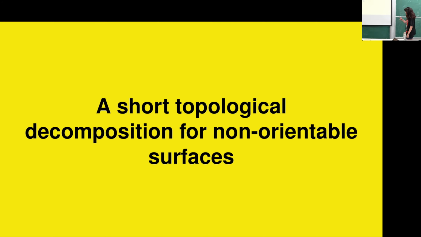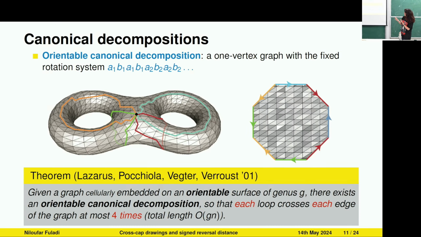So the first thing I'm going to talk about is short topological decompositions for non-orientable surfaces. Decompositions, I already told you. Before my work, we knew that any orientable surface could be cut efficiently along such a decomposition.